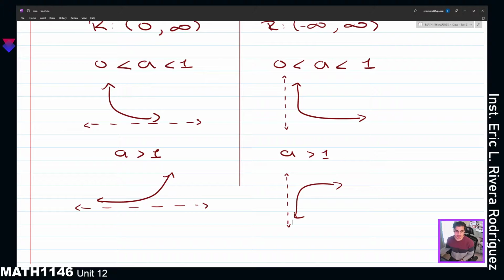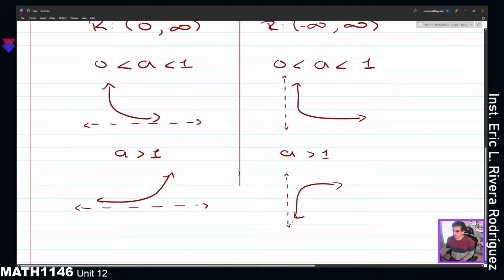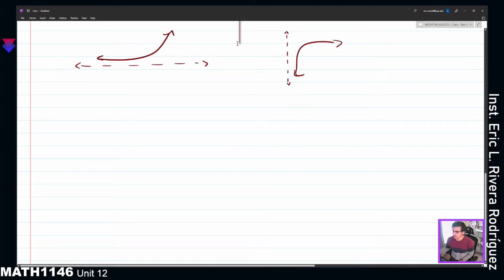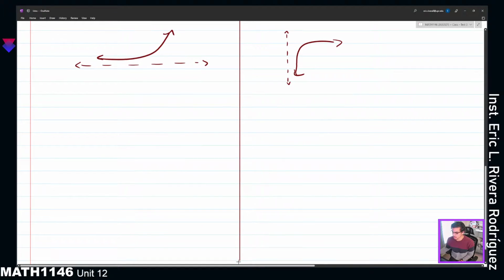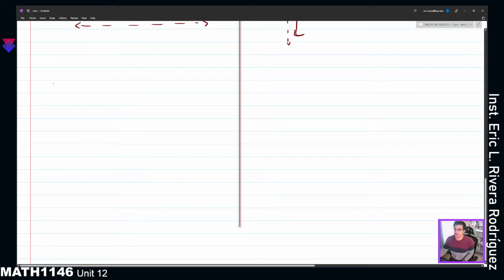What else? All right, the most important part for today is the properties of each function. For the exponential function, we are going to use the exponent laws, or the law of exponents.